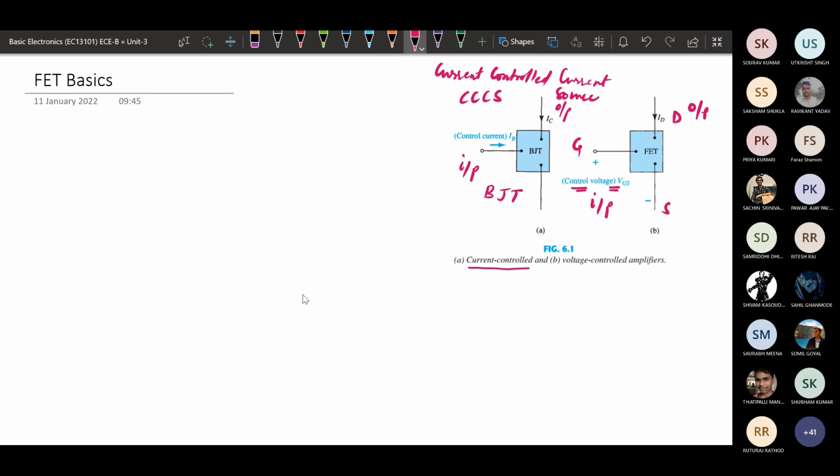So these FETs are called voltage controlled devices. Based on the voltage control we are going to use these devices as an amplifier. It is like a voltage controlled amplifier.